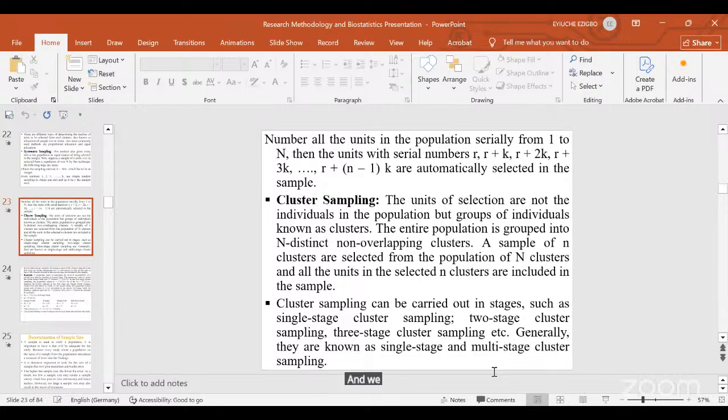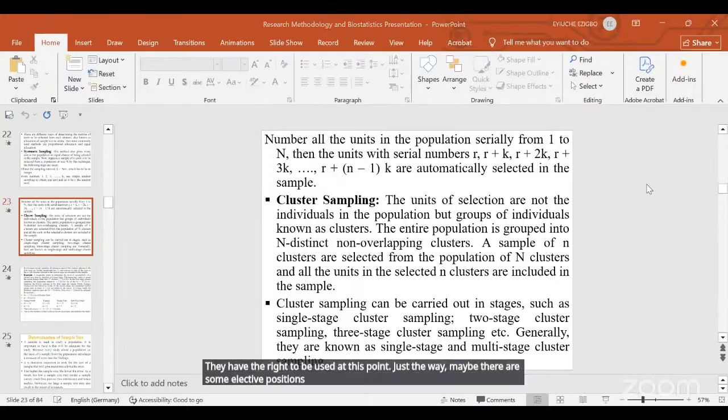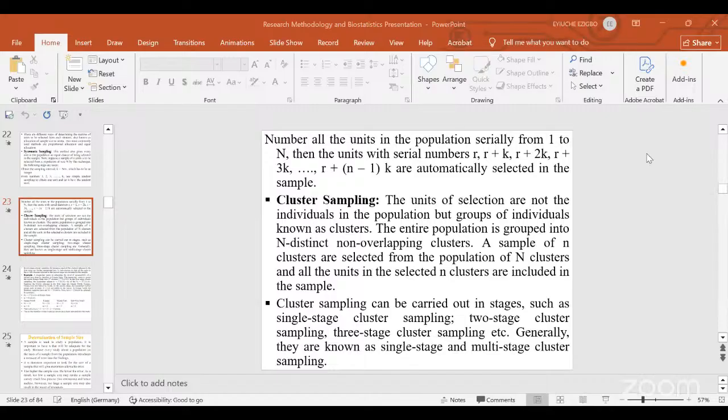They have the right to be used at this point. Just the way there are some elective positions where they say you use a quota system, if it is not your turn, even if you are the most qualified, you are already disqualified. If it is not the turn of these people, they are already excluded.